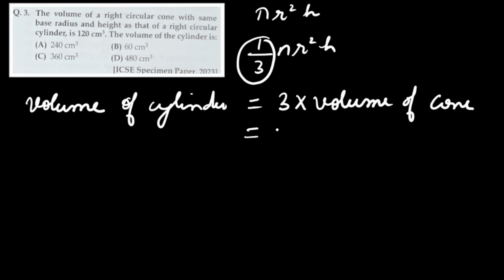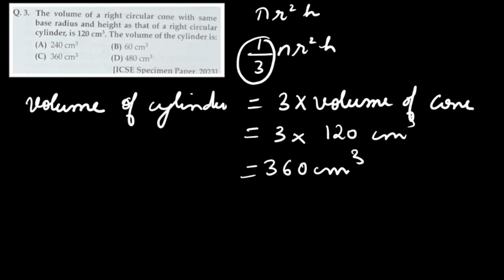So both ways you can remember. So what will be the answer of this one? Volume of cone is given to us as 120. So directly if I substitute here, what answer will I get? 3 into 120, 360 centimeter cube. 360 centimeter cube is the correct answer. Option third.